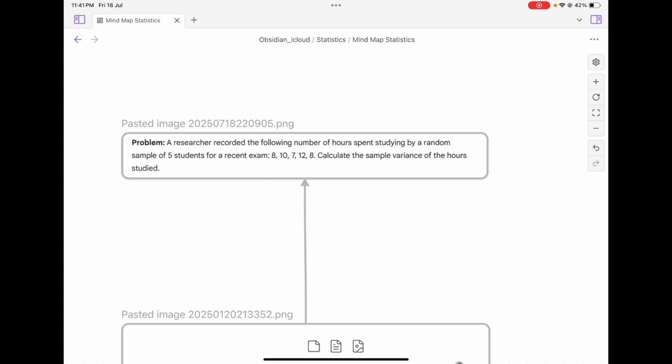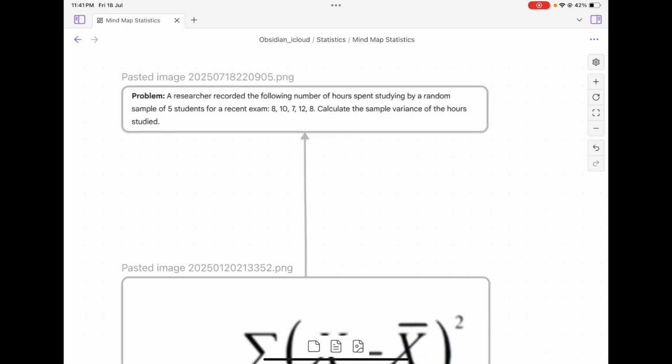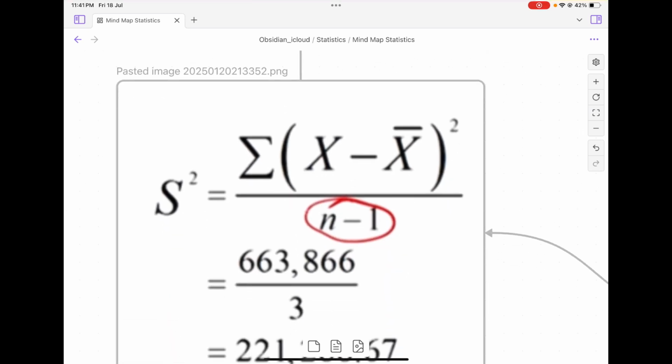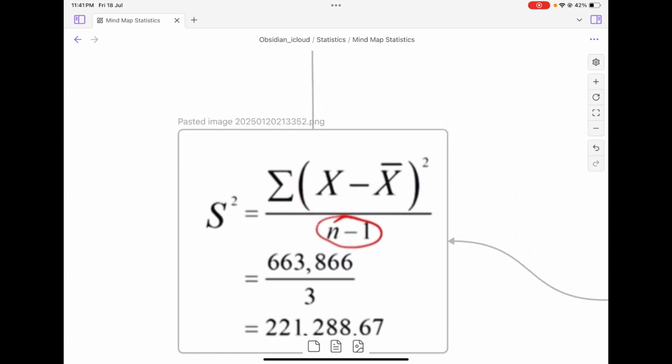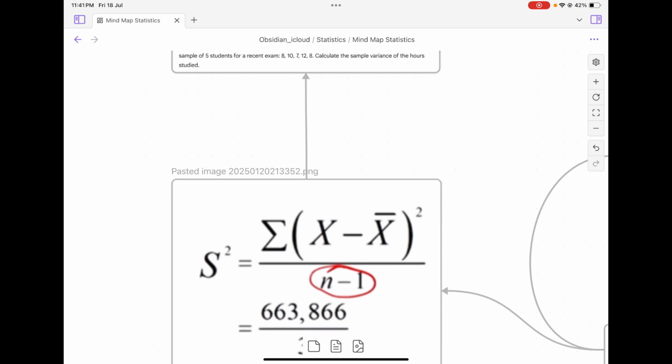Here is a question: a researcher recorded the following number of hours spent studying by a random sample of 5 students for a recent exam. You are asked to calculate the sample variance. The given data is 8, 10, 7, 12 and 8. Let us first calculate the sample variance. The formula is given by this one.